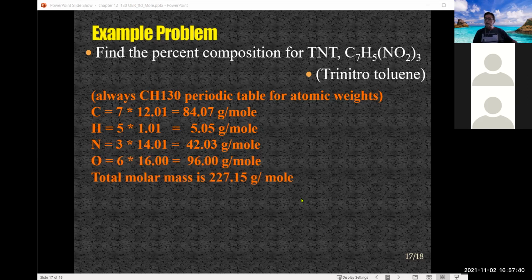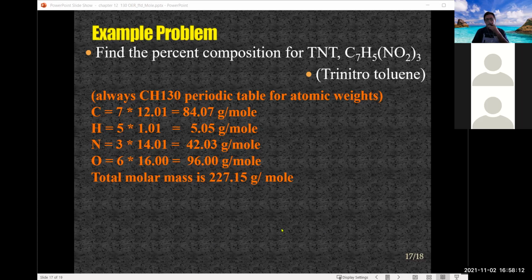And six oxygens at 16 apiece gives you a total of 96.00. Tally it up, you have a total molar mass of 227.15 grams per mole. So if you were in the lab and very carefully weighed out 227.15 grams, you have 1 mole, or 6.02 times 10 to the 23rd.